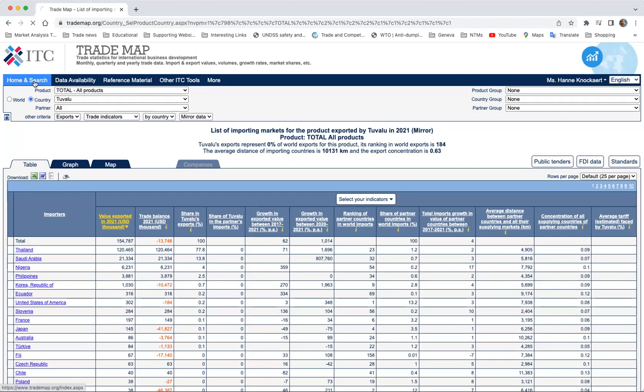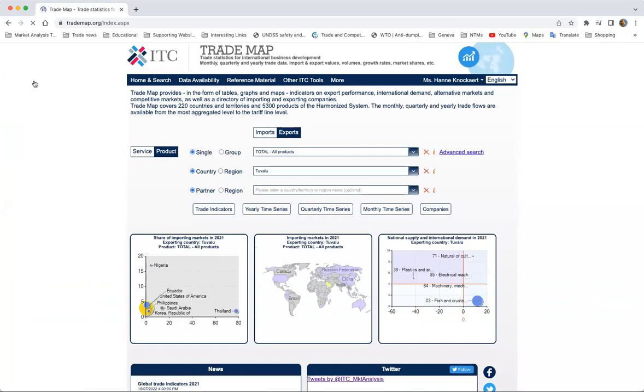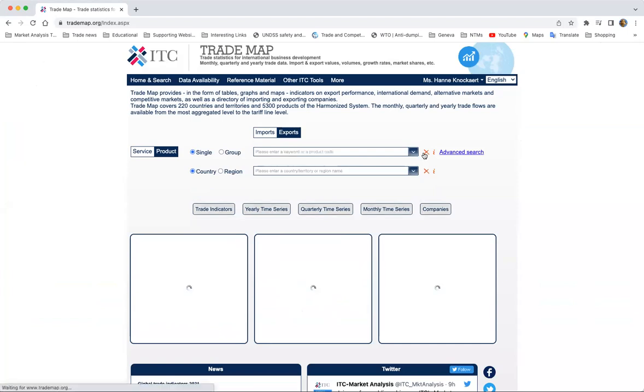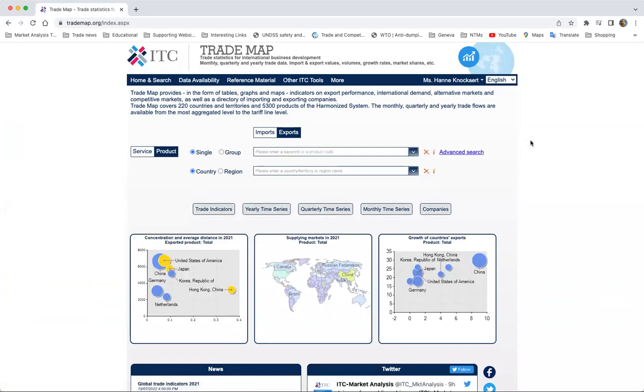Let me go to the home page. Okay, so here we have trade map, which is our first tool of today. I want to clear everything so we can see the minimum amount of information possible.